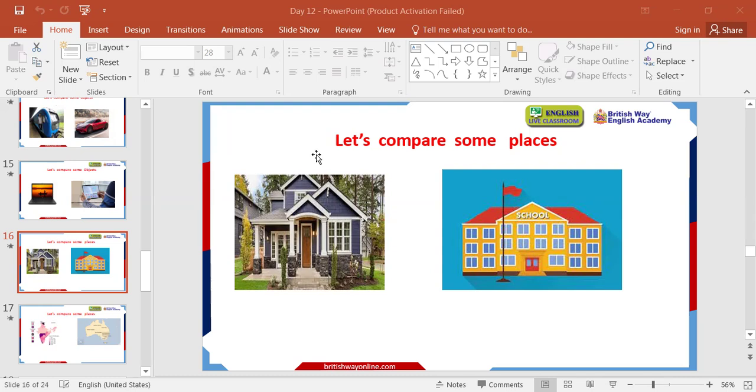Schools are noisier than houses. The house is more beautiful than... The school is safer than a house.